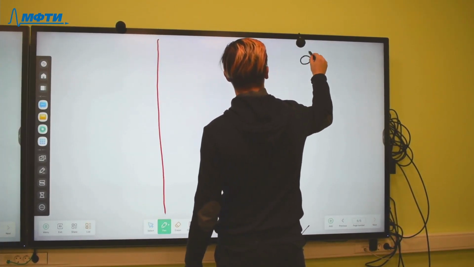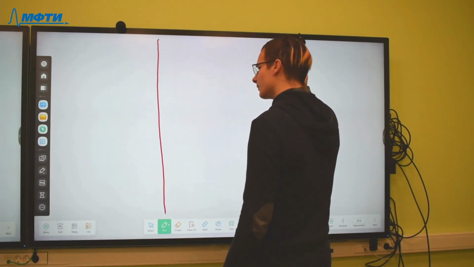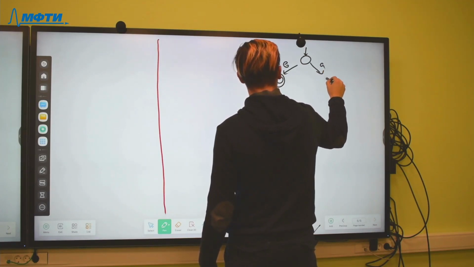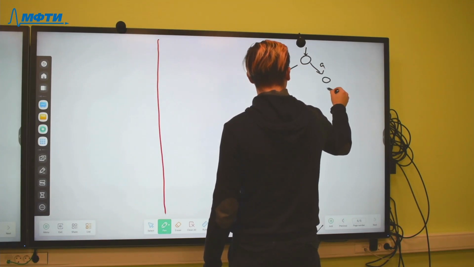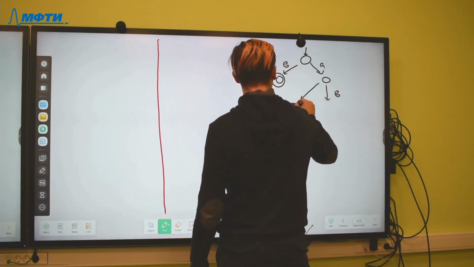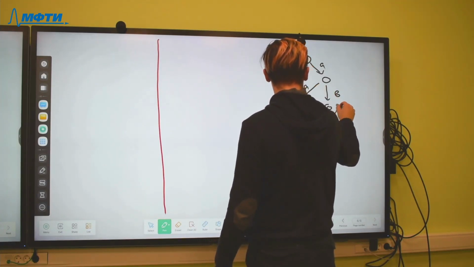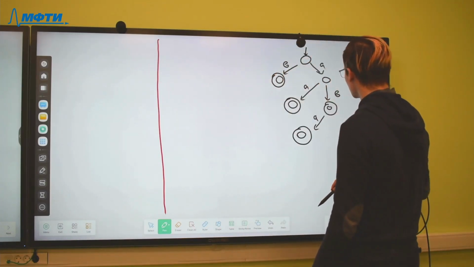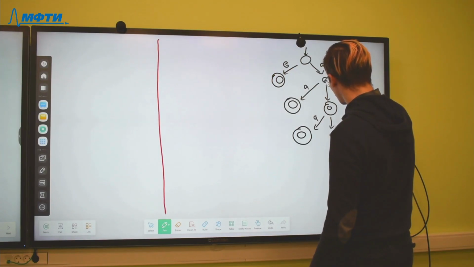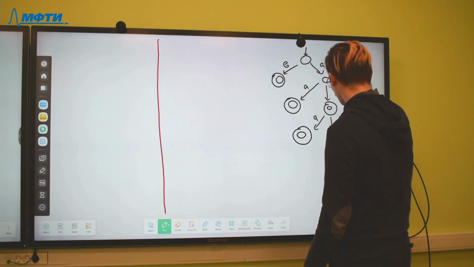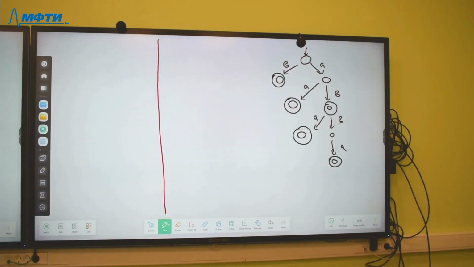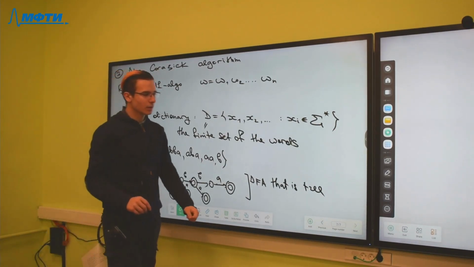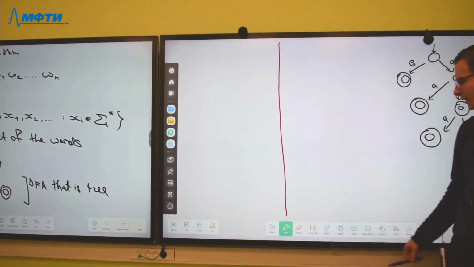Now I redraw it. B. A and B, A, and to build a solution of the Aho-Corasick algorithm, we need to do the same as in the Knuth-Morris-Pratt algorithm.